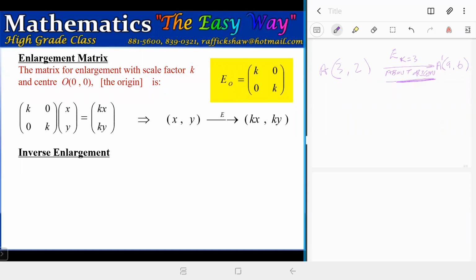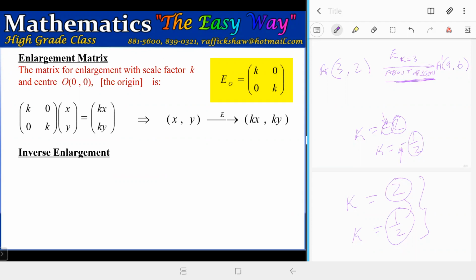So the inverse of an enlargement of scale factor K is an enlargement of scale factor 1/K. If my enlargement scale factor was 2, then my inverse scale factor is 1/2, because I have to reverse that, and I have to use the same center. If my scale factor was -2, then my inverse scale factor is -1/2: you have to halve it and then invert it back the opposite way.